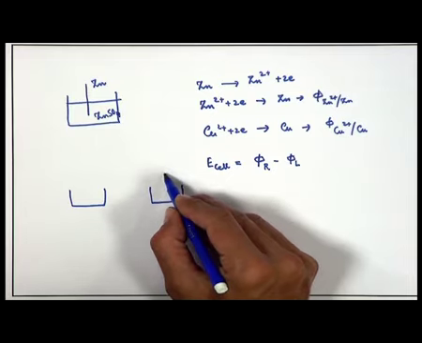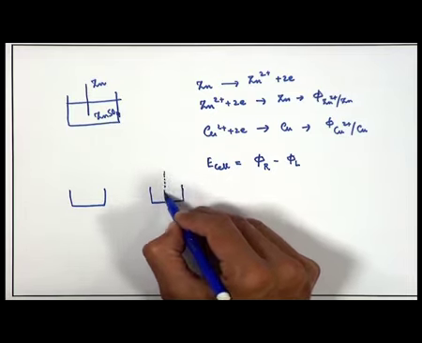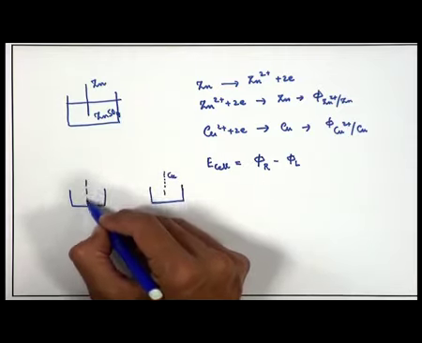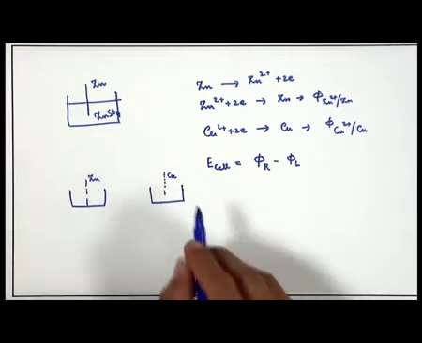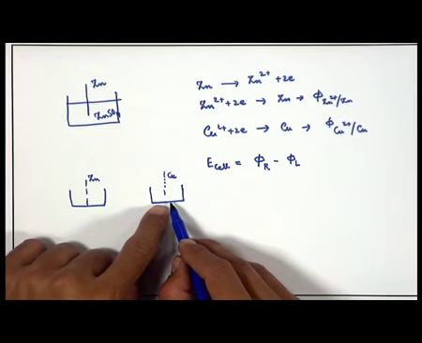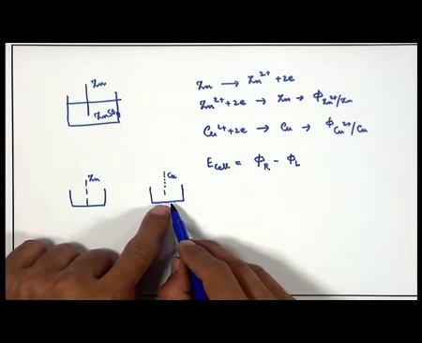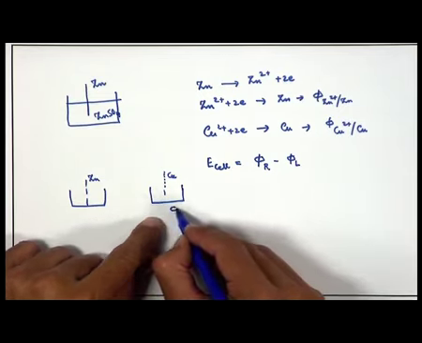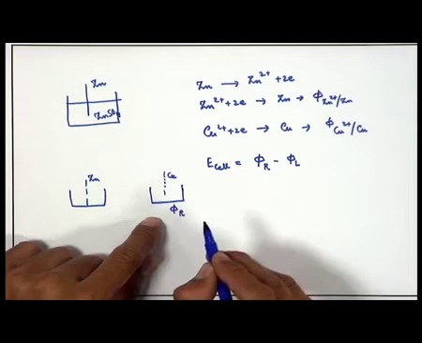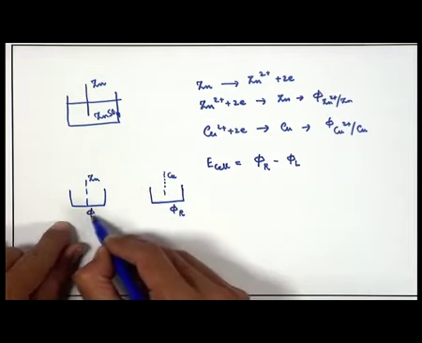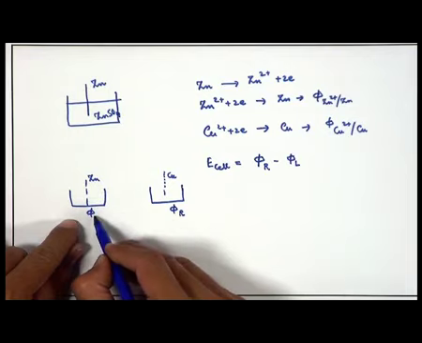Here you have reduction, copper over here, and oxidation is zinc over here. So, whatever phi in reduction potential scheme is phi right, and this is phi left, again in reduction scheme.